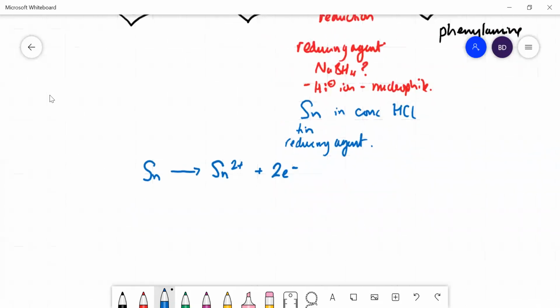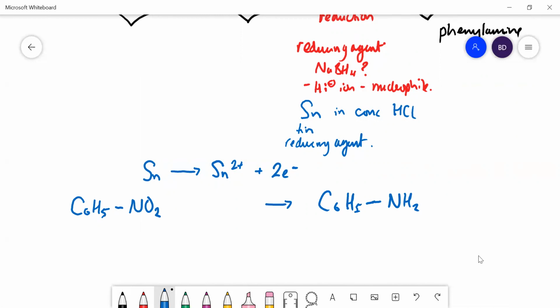What's happening with, so I'll draw the benzene, and I'm going to draw the C6H5, the phenyl. So that's your benzene ring, the phenyl group, NO2, and that's going to go to C6H5NH2. Let's see how we balance half equations.